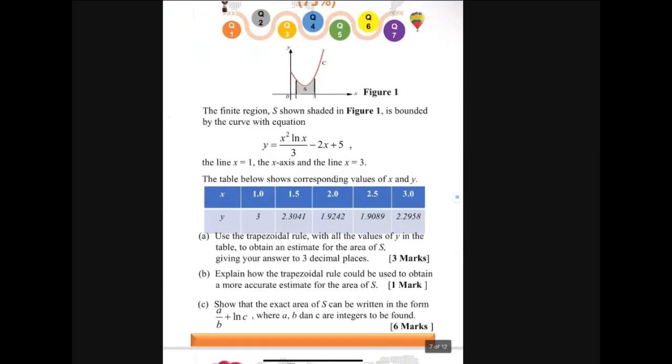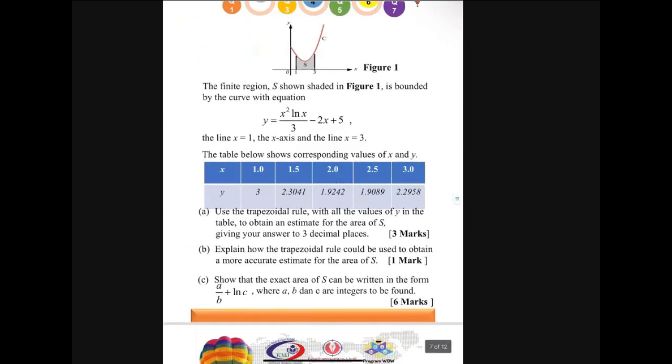And then for part C, we have to show that the exact area, meaning your final answer must be in exact form without decimal places, is the area of S that can be written in the form A over B plus ln C, where A, B, and C are integers to be found.